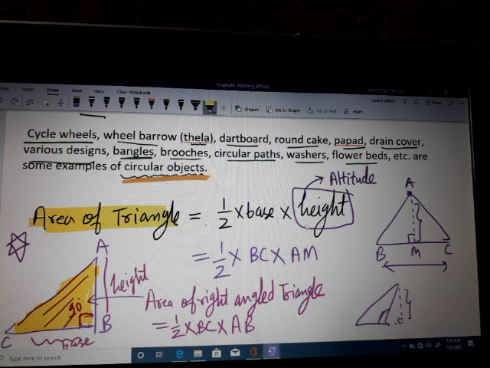Here, what is the area of this triangle? This complete region is the area of this triangle. Area means the interior region, the enclosed part. Next, please note down this formula. This is very important. Area of triangle is given by 1/2 base into height, or base into altitude.